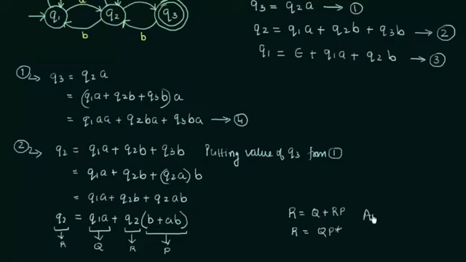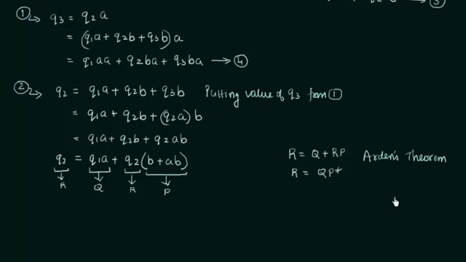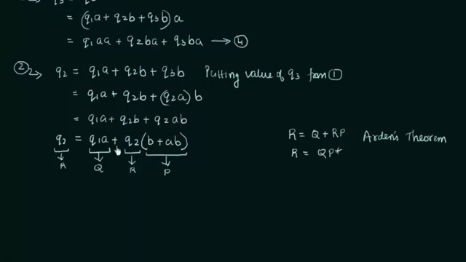This is by Arden's theorem. If you have not studied Arden's theorem, you can refer to the previous lectures. So this equation is of the form R equal to Q plus RP, and I can write it in the form R equal to QP star by following Arden's theorem.